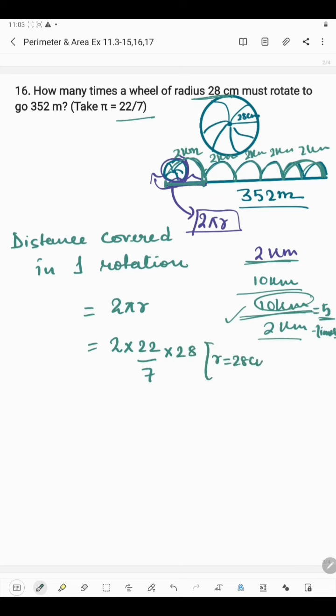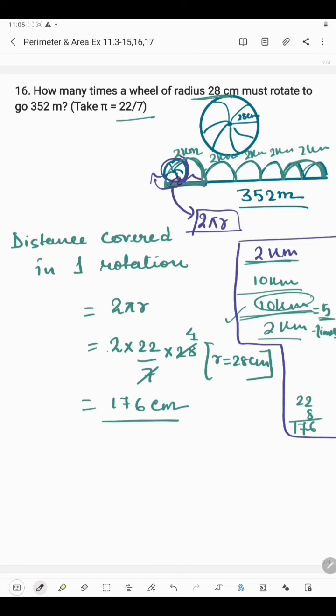If you cancel it, 7 ones are 7, 7 fours are 28. So 4 multiplied by 2 is 8. 8 into 22, 8 twos are 16, 8 twos are 16, 16 plus 1, 17. 176 centimeter.